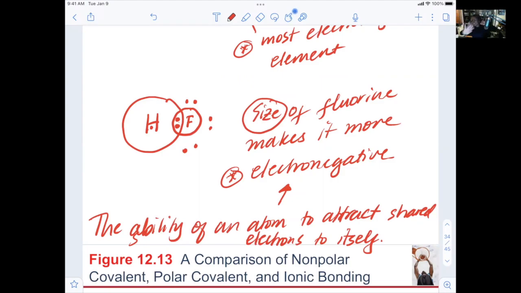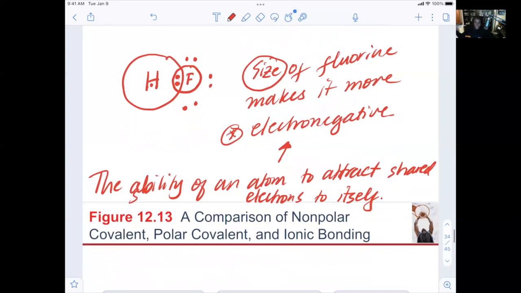I'm going deeper than I wanted to go. Anyway, if you do want to know more, take the general chemistry class where I can go a little deeper, okay? I do get a little excited about this and then I go off. So let me just stay with this. The size of fluorine is sufficient to explain why fluorine is very electronegative. Fluorine is the smallest atom of all the ones that we look at, and so it's the most electronegative.